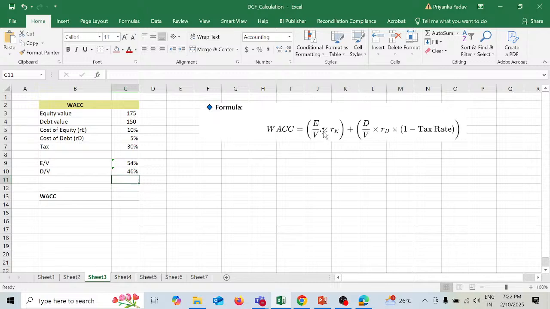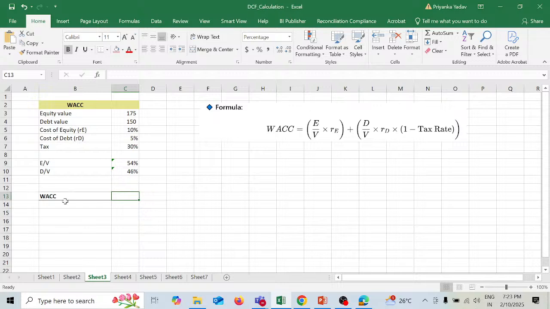So in the calculation of WACC you have two elements, E by V and D by V. We have calculated them separately. We can also calculate it straight away in the WACC formula, but to make it simpler, I have calculated it separately.